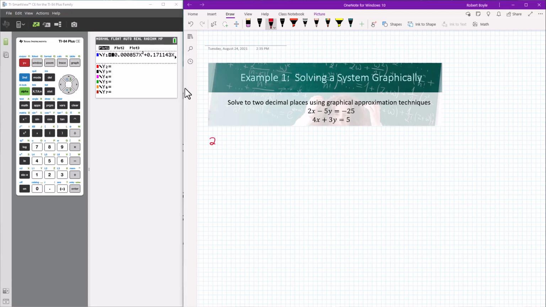So let's start off over here. We have 2x minus 5y is equal to negative 25. All right. Well, we can subtract 2x from both sides. These will add vertically. These will cancel. We will have negative 5y is equal to negative 2x minus 25.